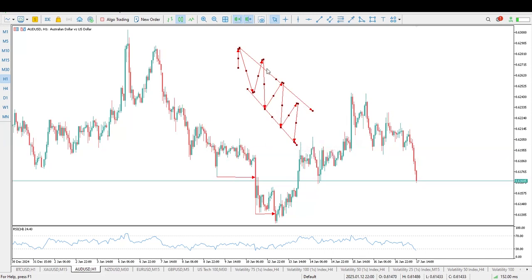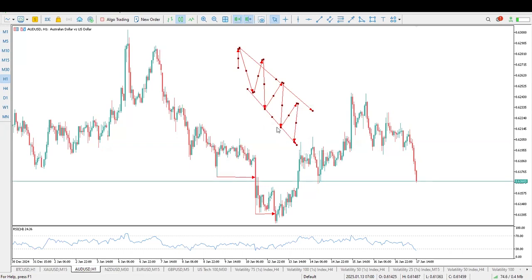So if I want to explain this better, I will say we have a high here, we have a low here. We have a lower high, a lower low. A lower high, a lower low.